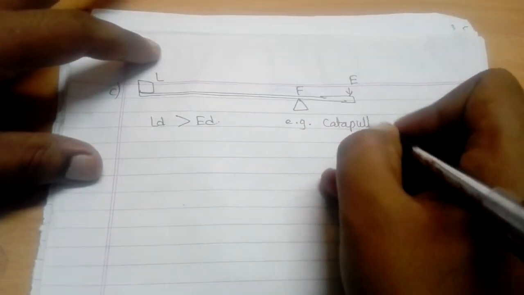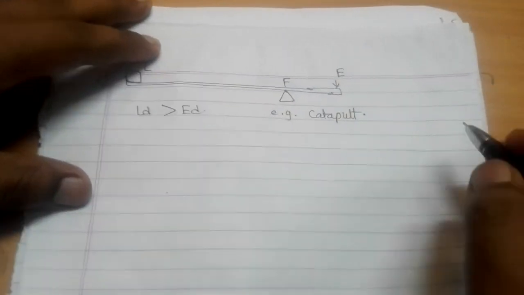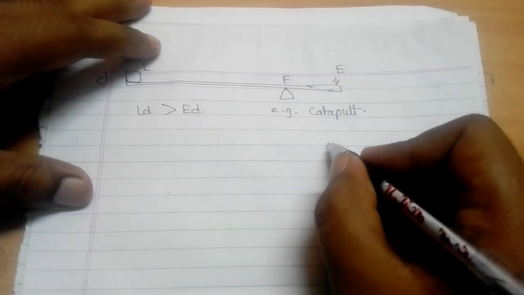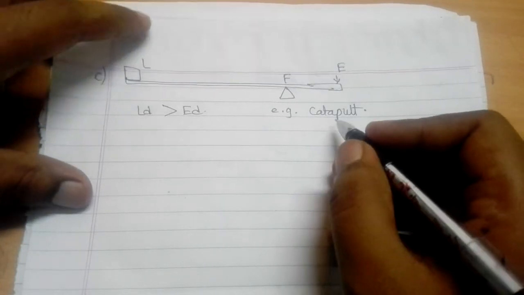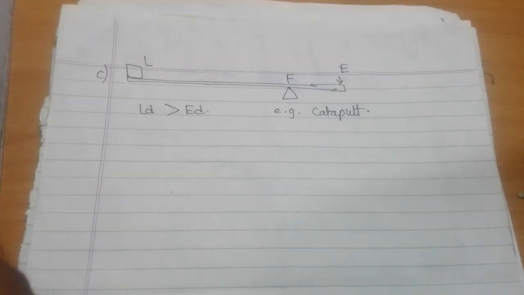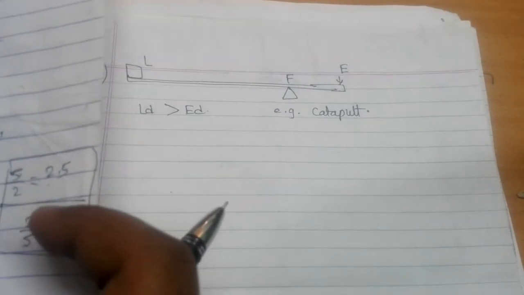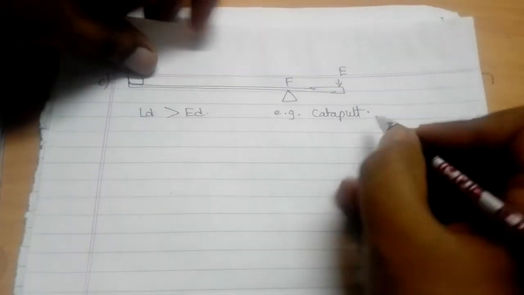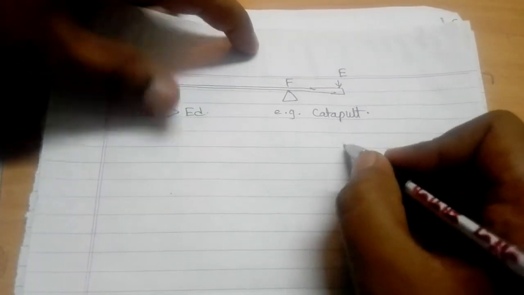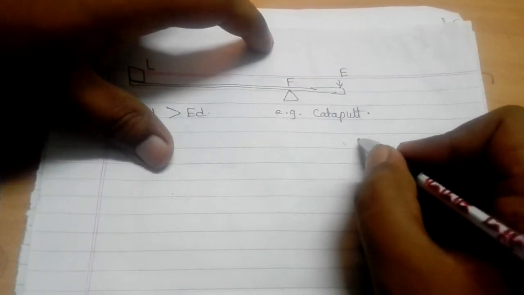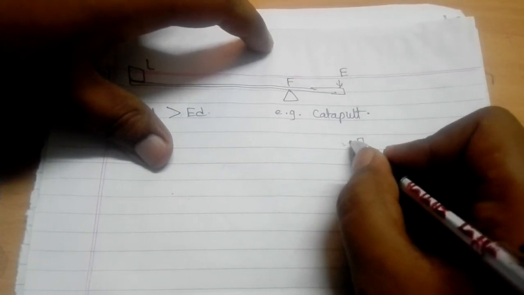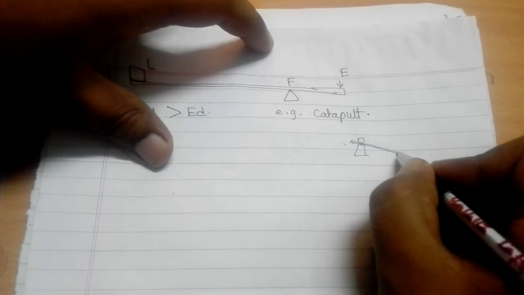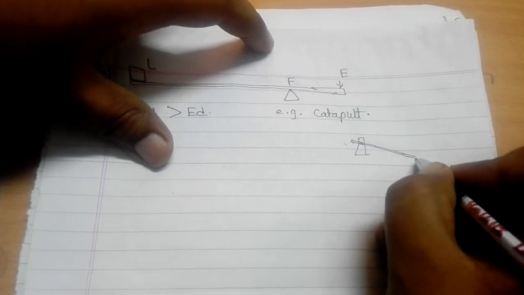You know the catapult. In the case of the catapult, no, the catapult is in the second case, I guess. No, yes, it is so. The catapult is a very ancient simple machine used in sieges. It is kept like this.